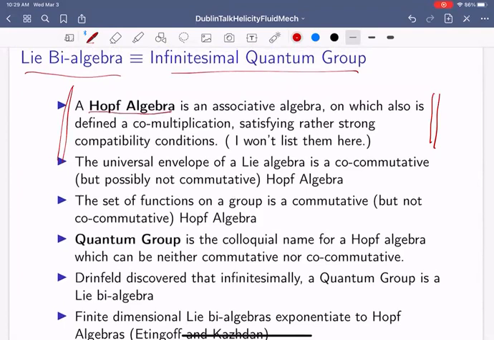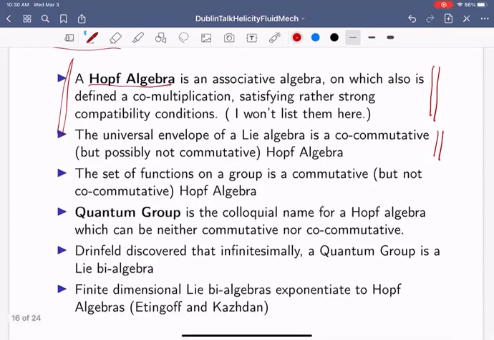A Hopf algebra is an associative algebra on which there is also a co-multiplication defined, and there are certain rather tight constraints that tie together the multiplication and the co-multiplication. I won't list them here. There's a pretty standard literature on it. An example of a Hopf algebra is the universal enveloping algebra of a Lie algebra. That happens to be a co-commutative but not commutative Hopf algebra.